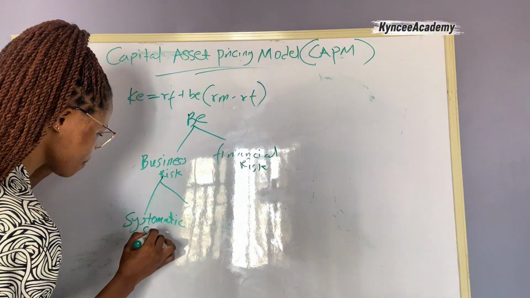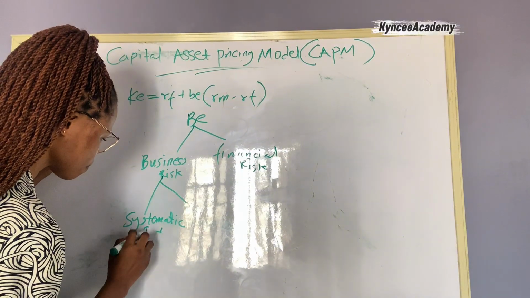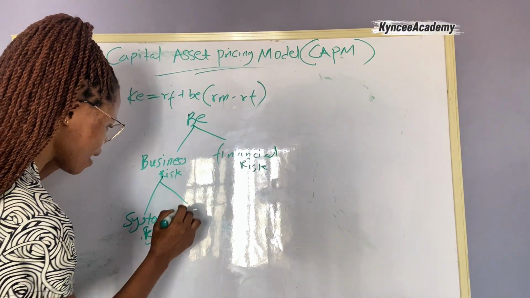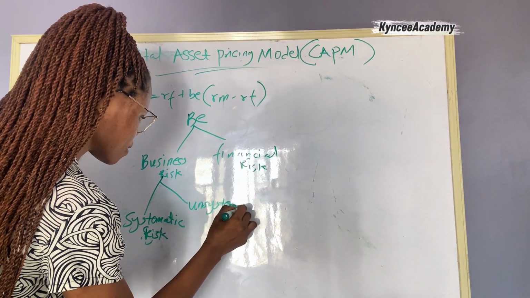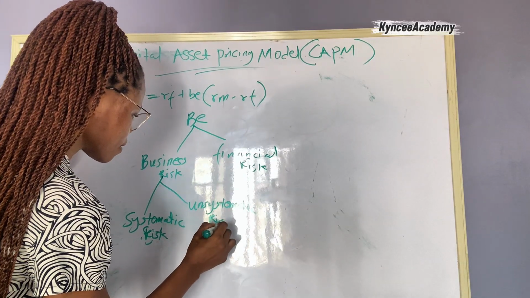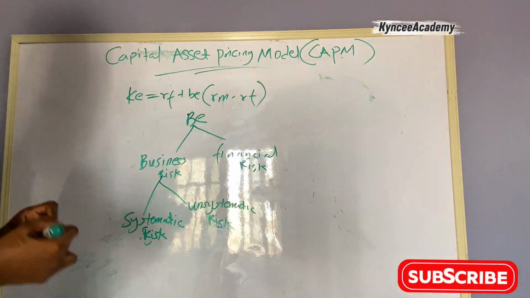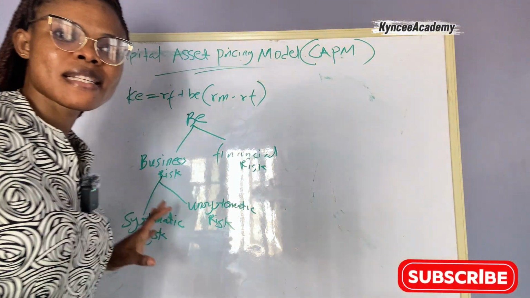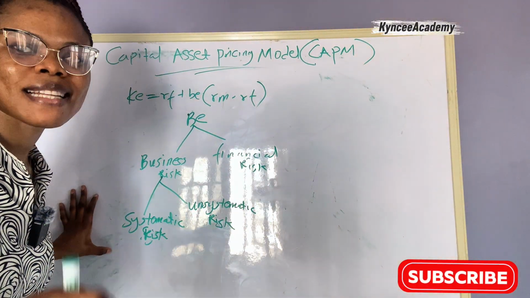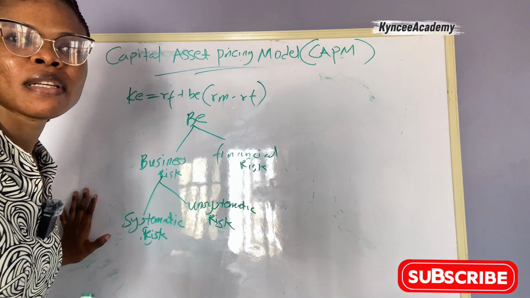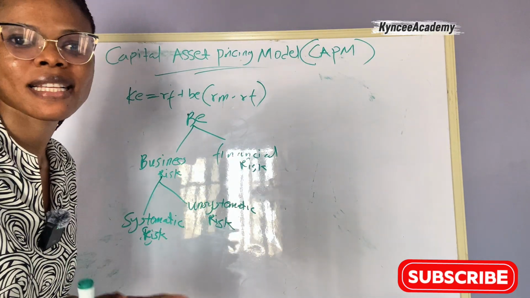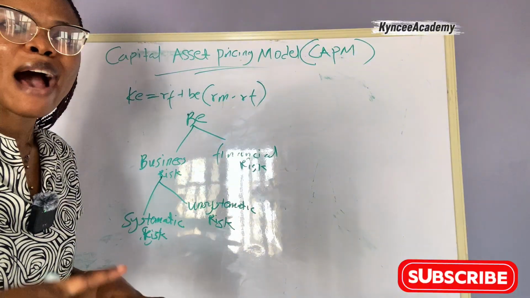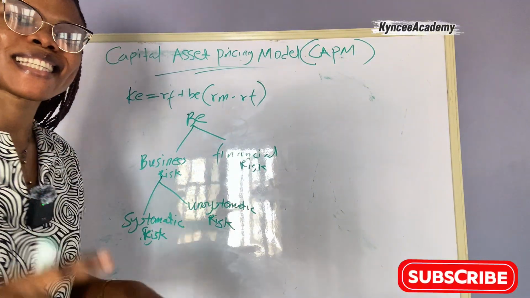Systematic risk and unsystematic risk. So we're talking of systematic risk. Systematic risks are risks that affect companies in a given industry. It means that particular risk affects all the companies in that industry.